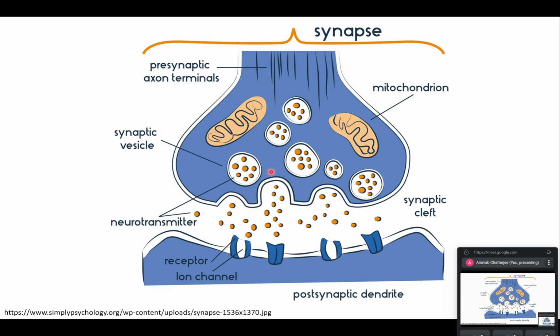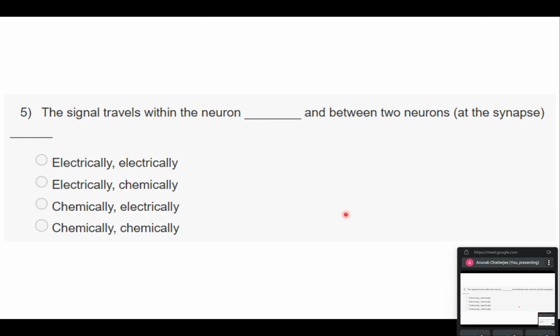If this signal is enough to increase the postsynaptic neuron's membrane potential above the threshold potential, then we will see an action potential in the next neuron as well. Essentially the entire information or signal is transferred chemically to the next neuron. So this is how the synapse works.